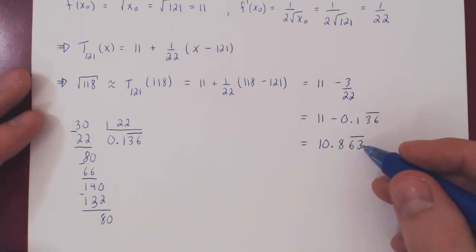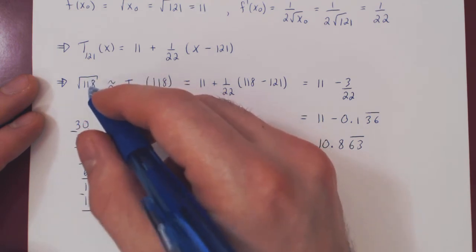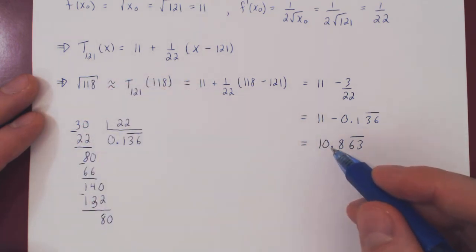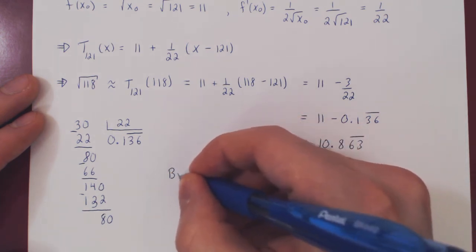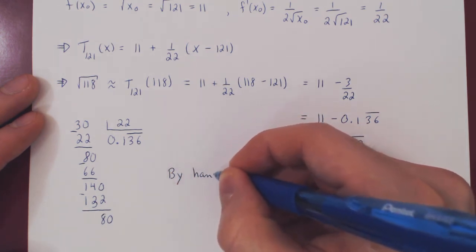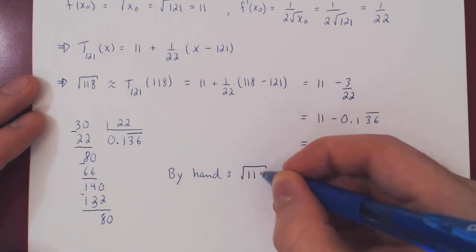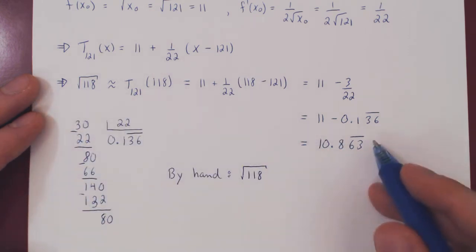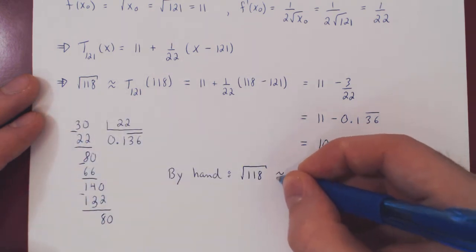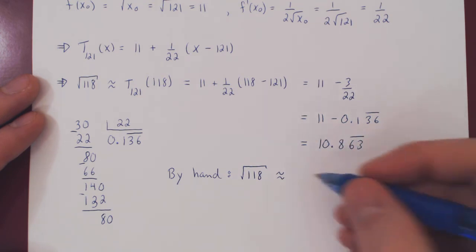By hand, using the value on the tangent line, we can say that the root of 118 is approximately 10.863 periodic. Which is a non-trivial statement. It's not clear that the root of 118 is roughly this value right here. Again, not an exact value, but an approximation we obtained by hand.